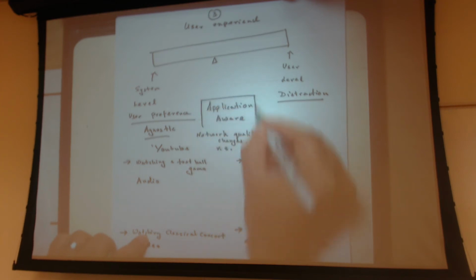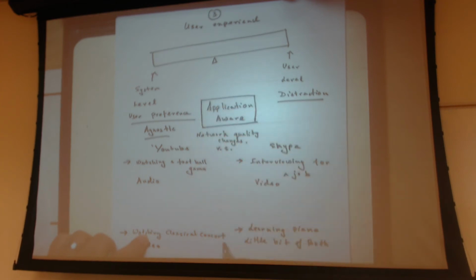So the adaptation has to be application aware, which means it knows that a person is using YouTube to watch a football game. Given that information, what will the adaptation take? Not just that the Wi-Fi network quality is changing.